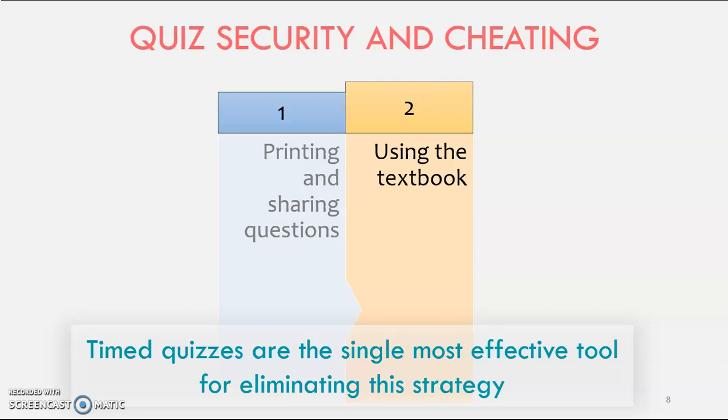A timed quiz requires the students to answer the questions in a certain amount of time. If you give enough questions and make the time short enough, they won't have time to look up all the answers. I usually give about 30 to 45 seconds per multiple choice question.